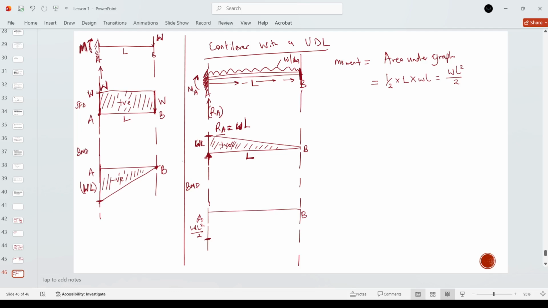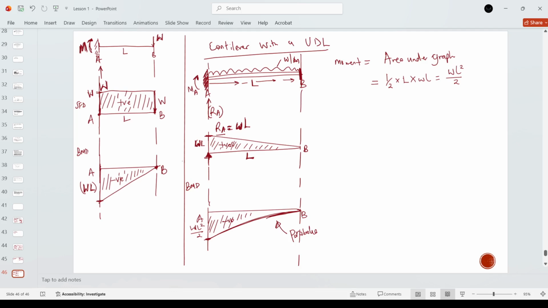This should be the maximum. So if I'm to draw something, I'll draw something like this. It does not vary linearly. It is now parabolic. And it's going to be negative because this should be the maximum. All right. So that's the fourth case.